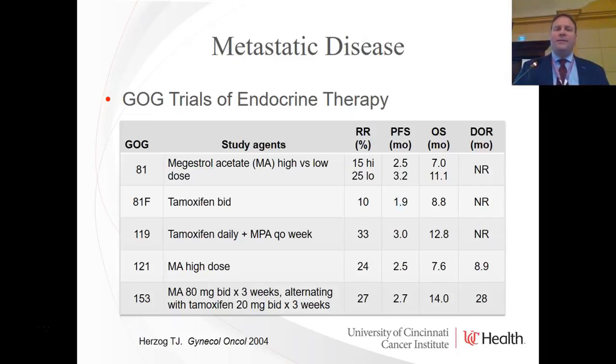A number of trials of endocrine therapy have been done through the GOG. The one showing the best efficacy was the alternating combination of megestrol acetate with tamoxifen, which is at least the currently accepted standard.